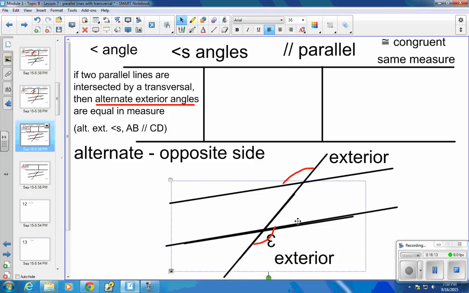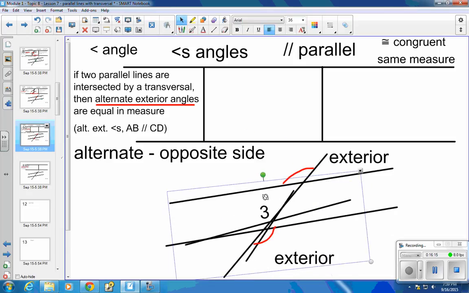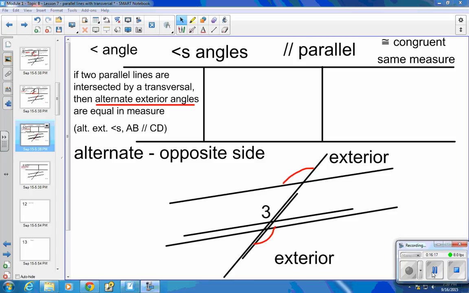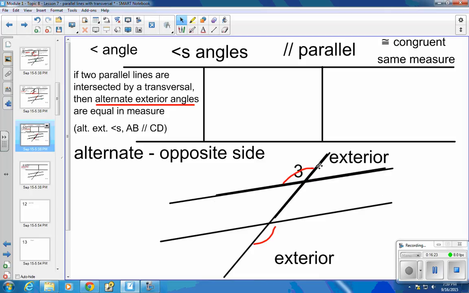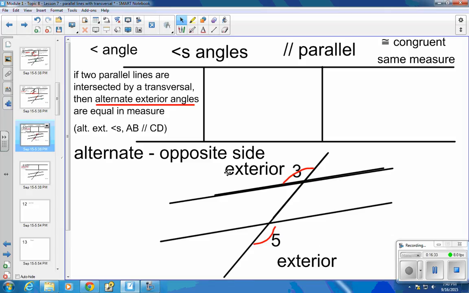So let me put 3 back where it came from. Oops, wrong one. I want to move that one up here. So 3 goes back where it came from. And let's put a 5 right there. So this is angle 5. So this is on the exterior, this is on the exterior, and they are on opposite sides. So angle 3 and 5 are on the opposite sides.